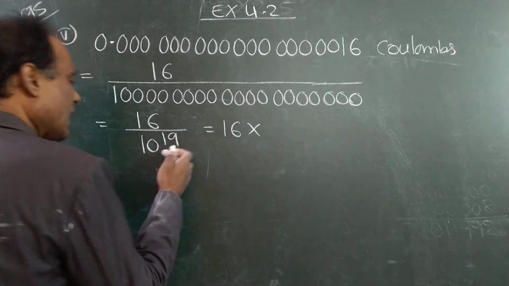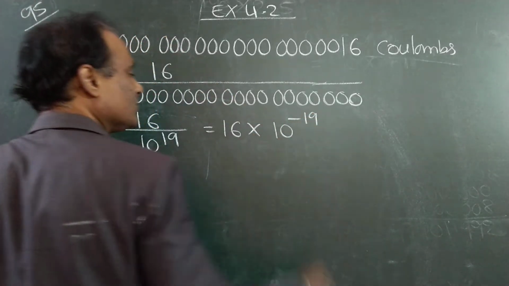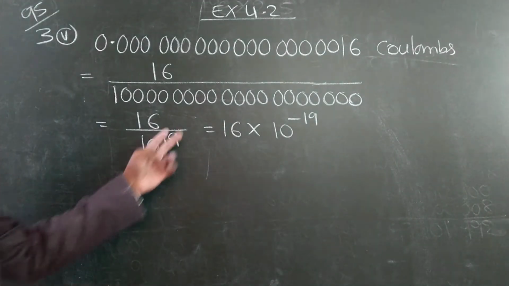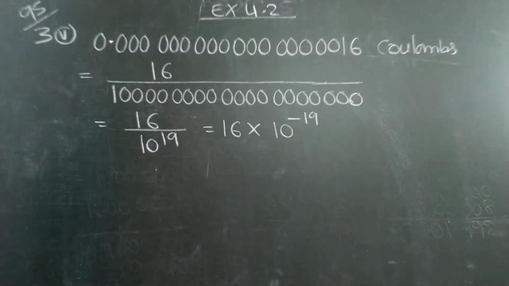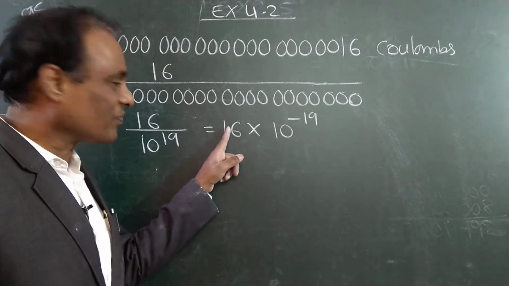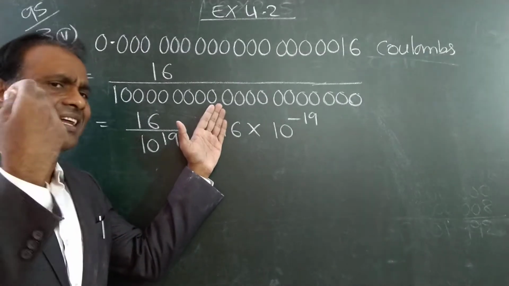Take this into the numerator: 16 into 10 to the power of minus 19. But standard form means there should be decimal after 1 digit. If it is only 1 digit, it is okay, that is the answer.